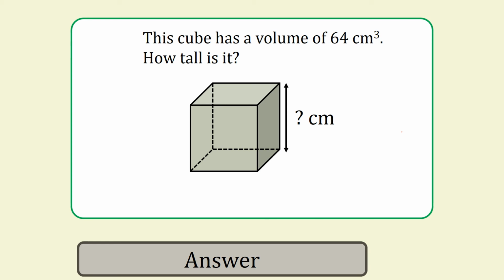4, yeah. So the method on this one is: what number, when you multiply it by itself 3 times, gives you 64? So what number when you cube it gives you 64? Do the cube root of 64 and it'll tell you the answer.